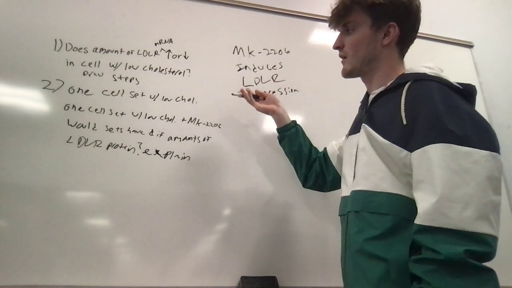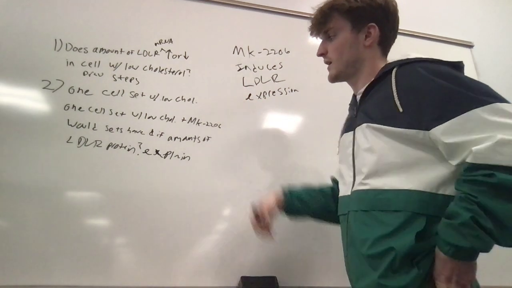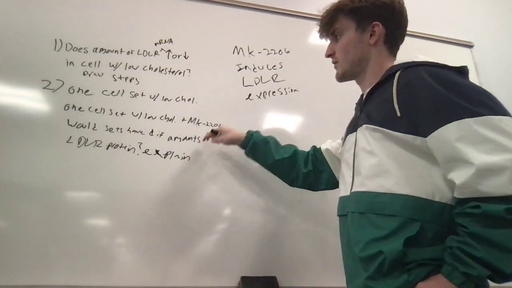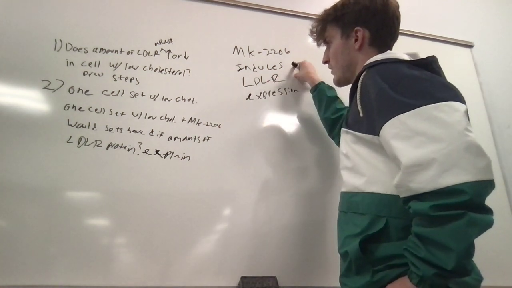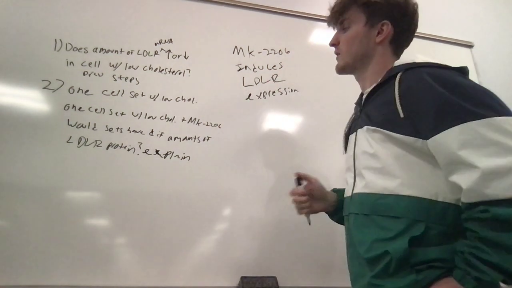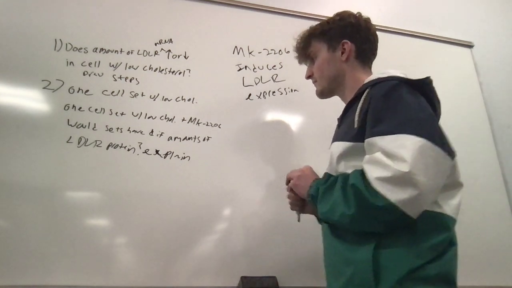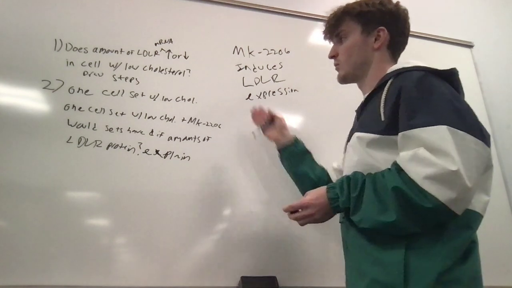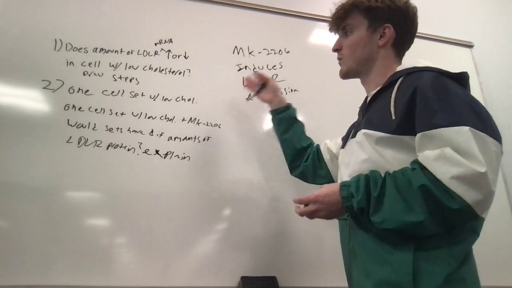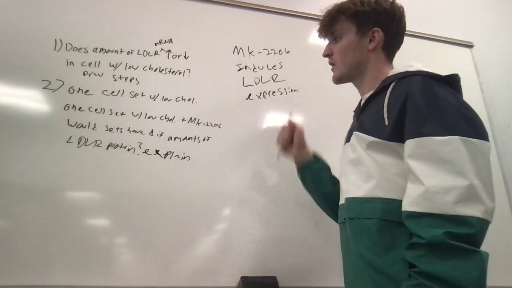So right off the bat, you can easily answer this: the cell set with MK-2206 is going to have a greater amount of LDLR protein, or you could just say that it's going to produce it at a higher rate, because the cell with just low cholesterol is again going to want to bring LDLR into the cell.